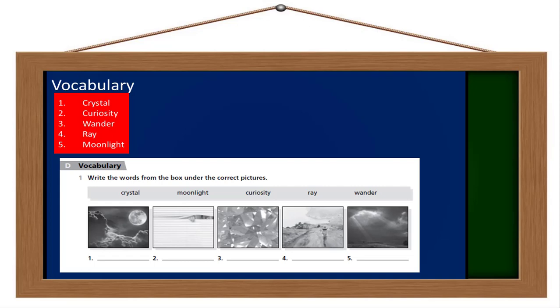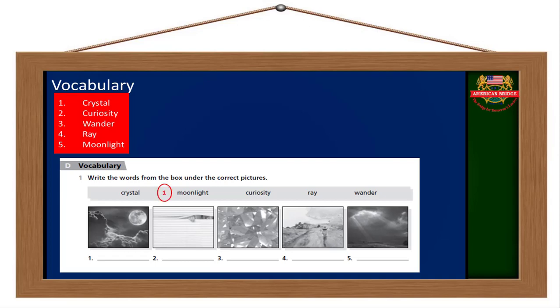Number four, the girl is walking, and number five, you see the light strike from the sky. So let's check together, everyone. Today we just focus on the practice.